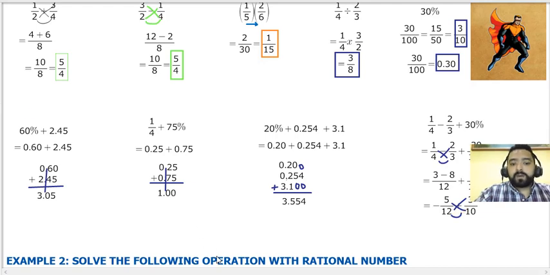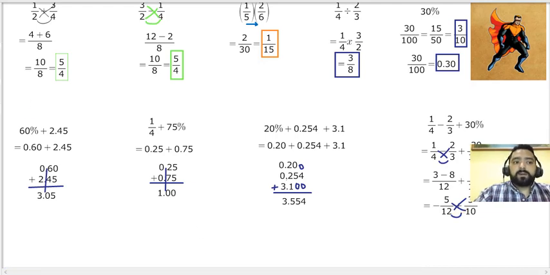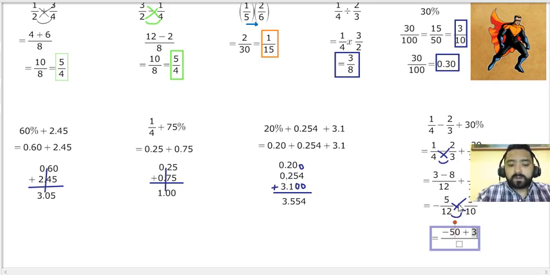Now, you are going to do this one like that. Remember, it's cross multiplication. It's multiplication, not addition. So 10 times negative 5 gives us negative 50. Remember, it's negative because of this one. And 12 times 3, in this case, is plus 36.